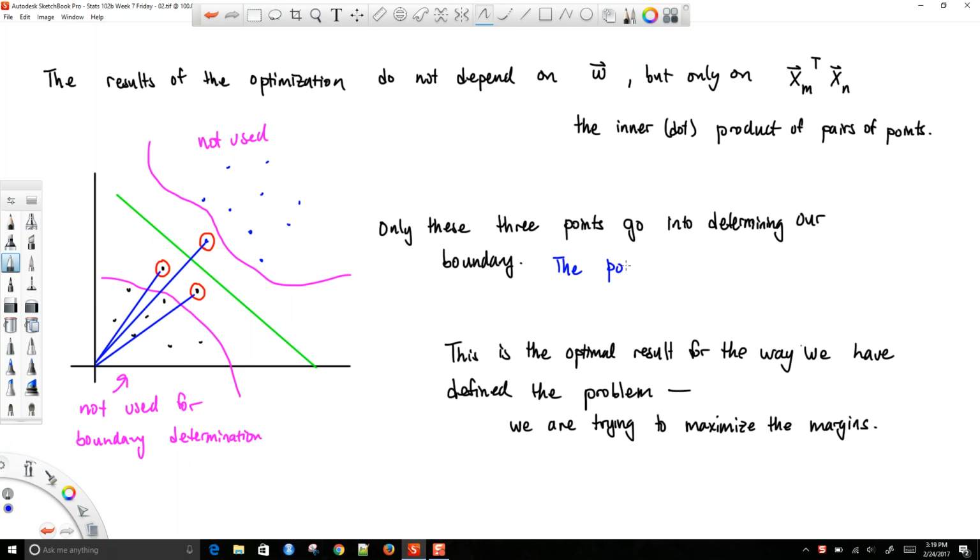The points that determine the boundary are known as our support vectors.